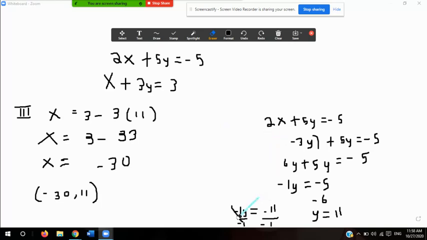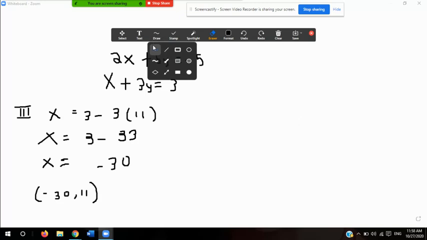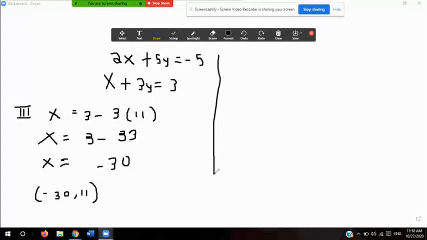So let me do this last, or this optional step, which is to check your answer. And instead of writing 2x plus 5y equals negative 5, I'm simply going to change the value of x and y to the ordered pair that I obtained, which was negative 30 and 11.